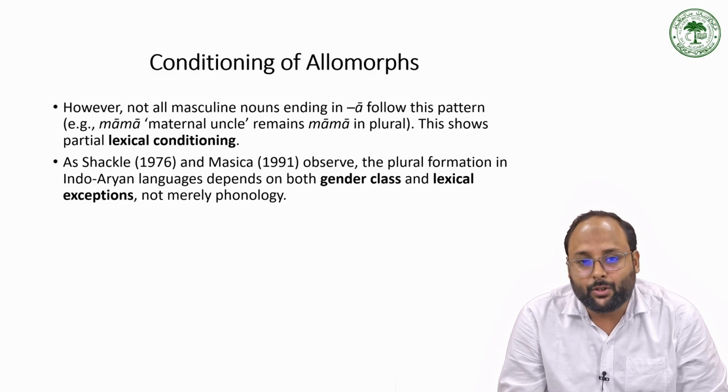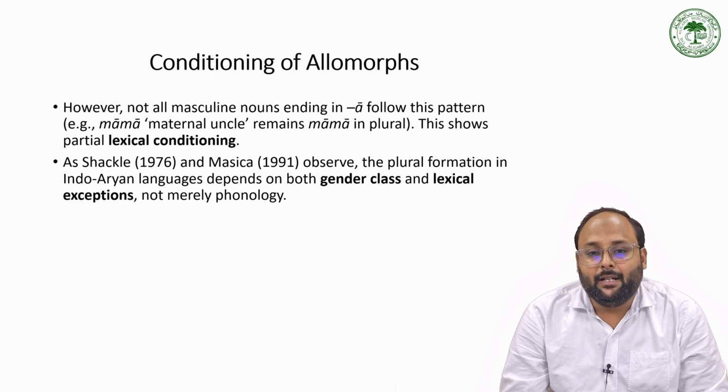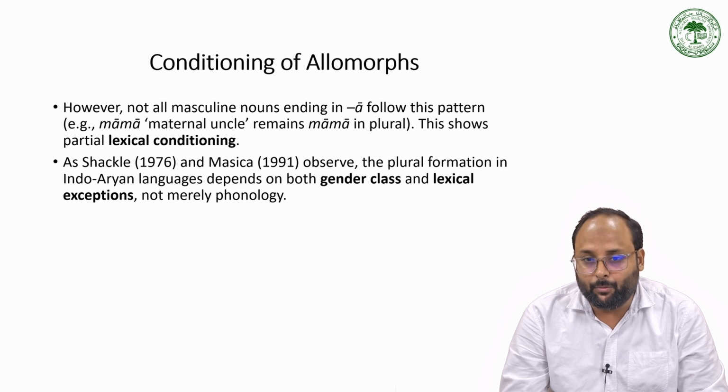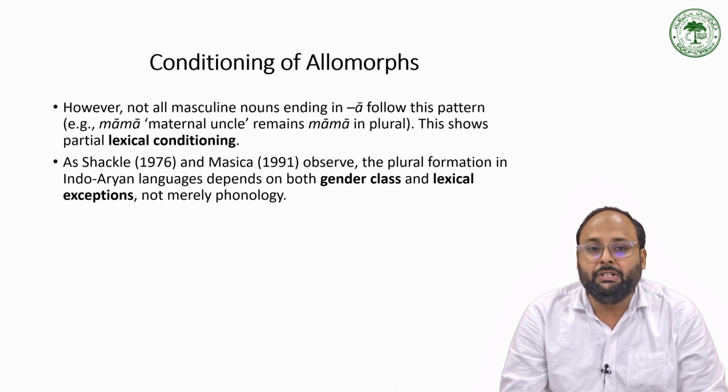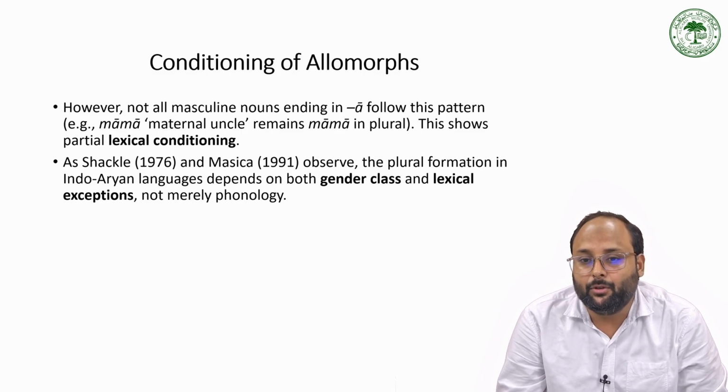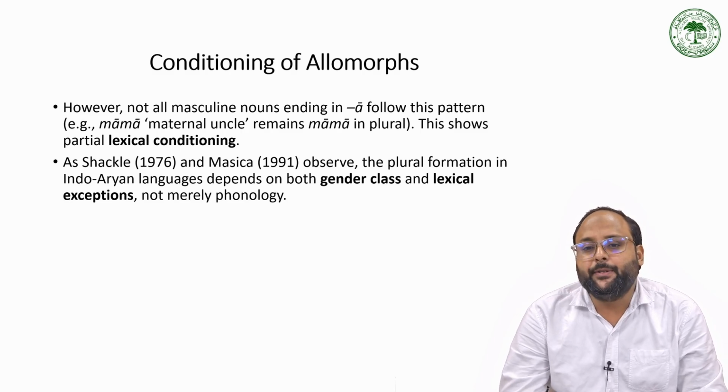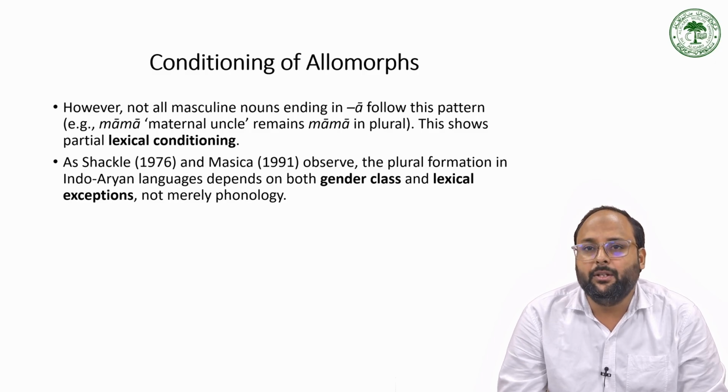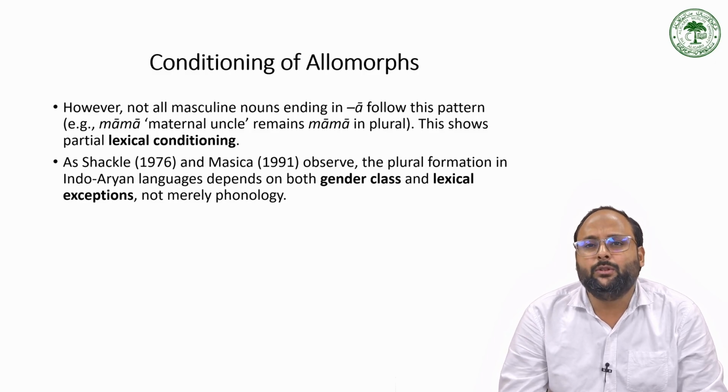But here mama does not change. So this is a lexically conditioned allomorph. The plural formation in Indo-Aryan languages depends on both gender class and lexical exception, not merely phonology. So in Urdu and Hindi, when you make the plural of any word, it does not follow one simple pattern like English.